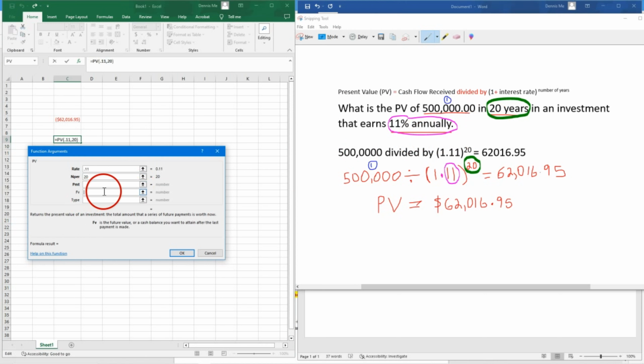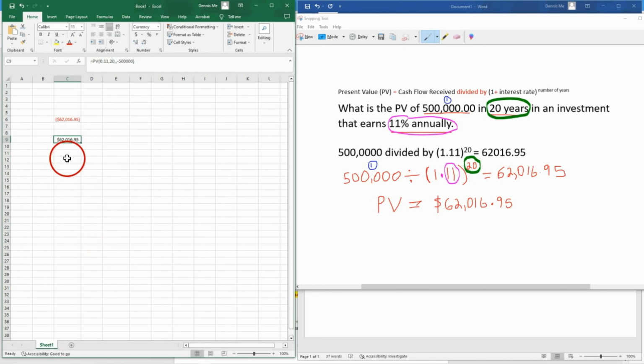Future value, and I'm going to put a negative 500,000. We press OK, and you see it says the present value is 62,016.95. Essentially, if you do not key a negative number, you will get a negative result. Just be comfortable that this is the same.